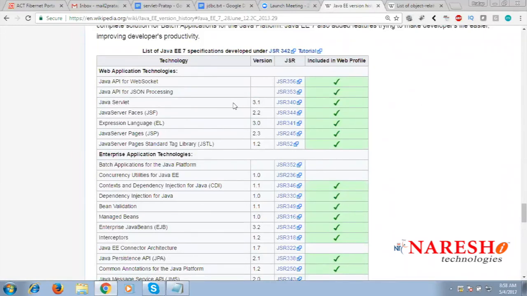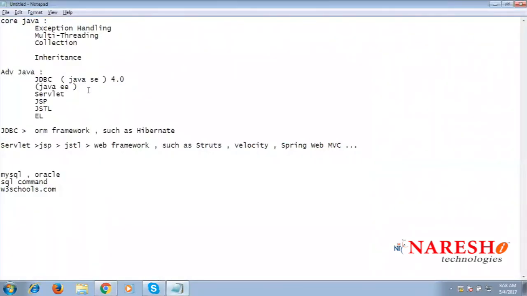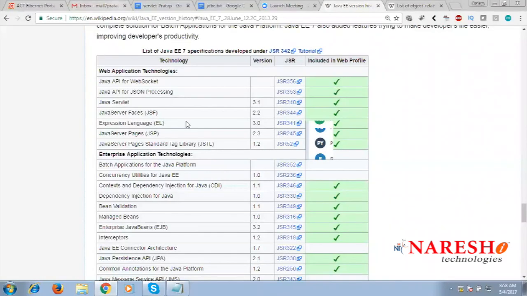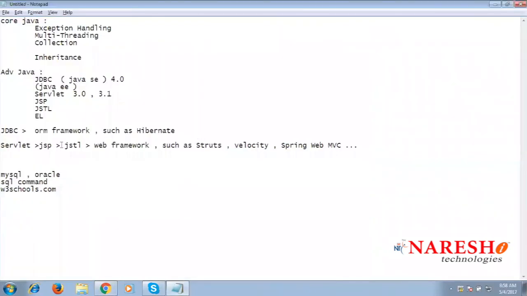Servlet is 3.1, so I'll be teaching you 3.1. We'll be concentrating on Servlet 3.0 and 3.1. That will be our understanding. Similarly, JSP 2.x, just observe, Java Server Pages is JSP 2.3, so we'll be concentrating on that. This is one very important thing I always consider, because we are always discussing the latest version coming up there.